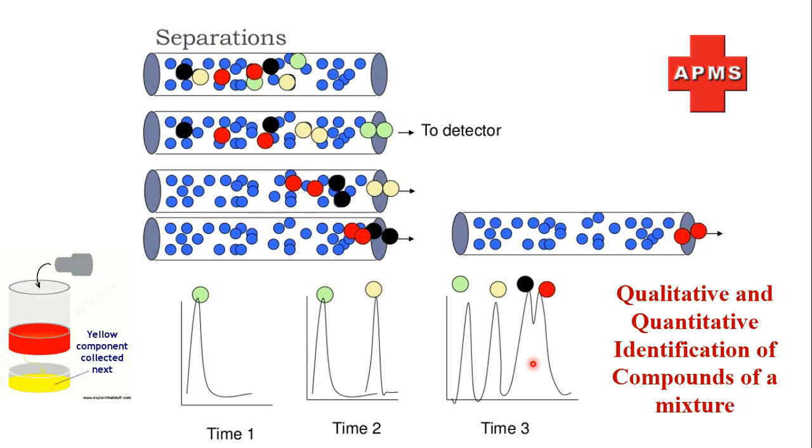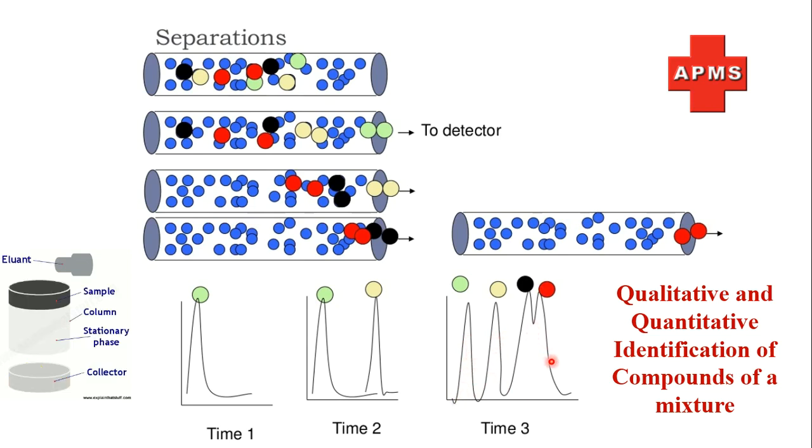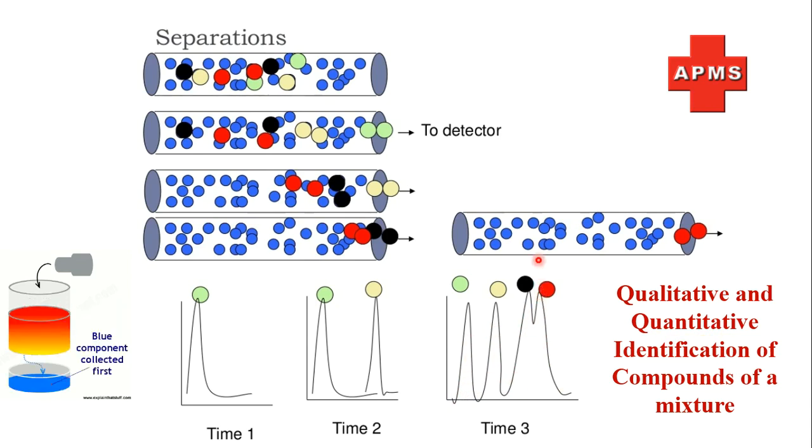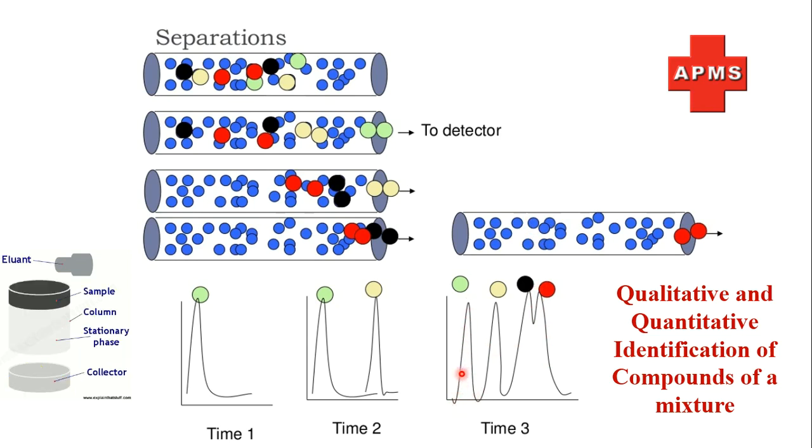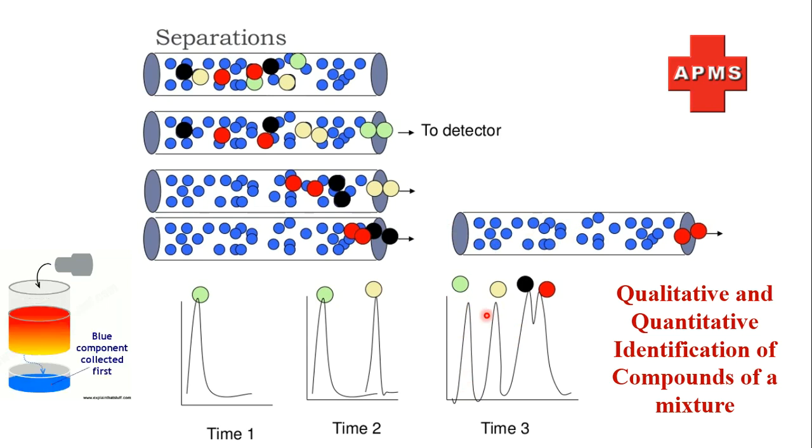Also the peak area is shown. These peak areas show the quantitative estimation, where the component which has high peak area or high peak height has a high percentage in that sample, and the component which shows a short peak and low peak area is present in a low amount in that sample mixture.